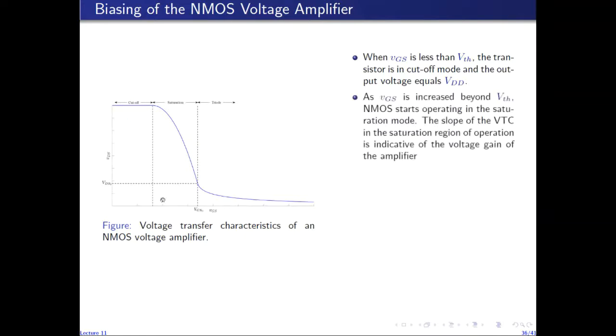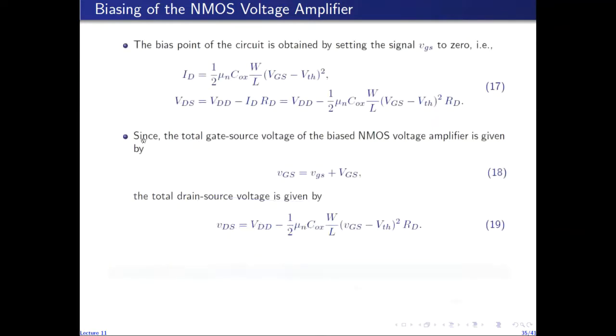And as soon as VGS is increased beyond V threshold, the device starts to conduct in the saturation mode. Why in the saturation mode and not in the triode mode? Because prior to conducting, the device already has a large VDS. So as soon as the device starts conducting, its VDS is large.